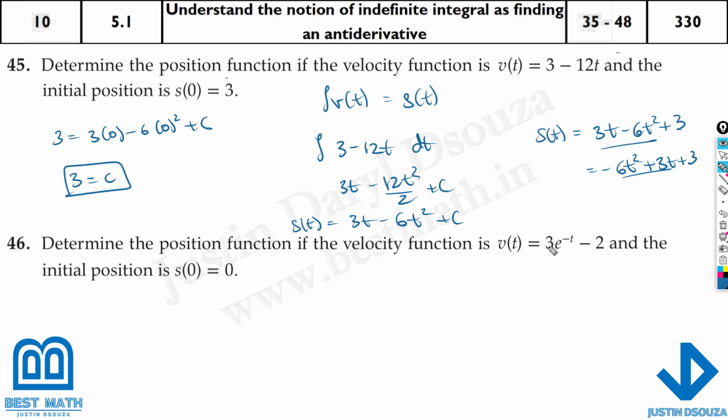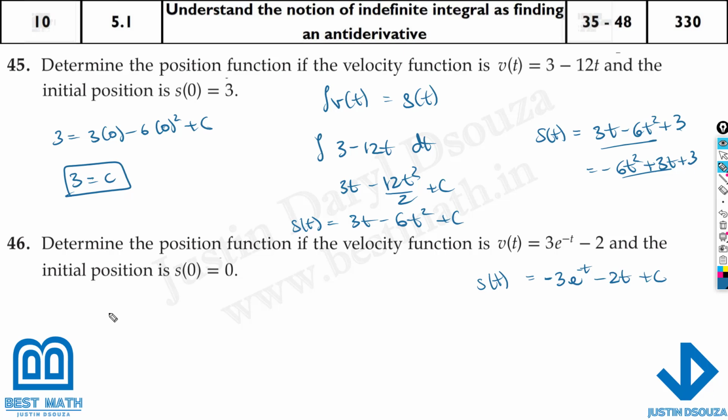What about the next one? Same thing, but here it's e to the power minus t. It's not just t. Now the sign will be there. Okay, the minus sign will be there. So when we integrate it the first time, s of t is going to be minus 3 e to the power minus t. Why? Because when we integrate e to the power minus t, the minus sign comes out, right? Minus 2t plus c. Now substitute 0 over here and over here.